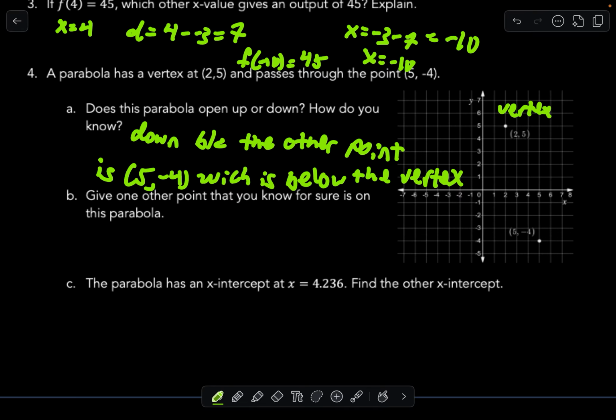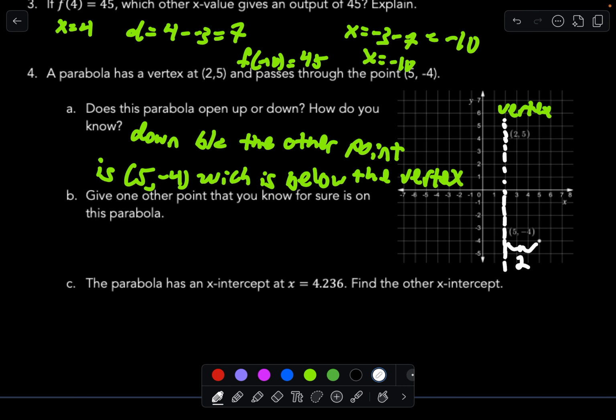Give one other point that you know for sure, absolutely, is on the graph. Well, think about this. Here's our axis of symmetry. Notice this point right here is 3 units away. So you know for a fact that the same distance to the left, it will also be a point. And that puts you at the ordered pair (-1, -4).